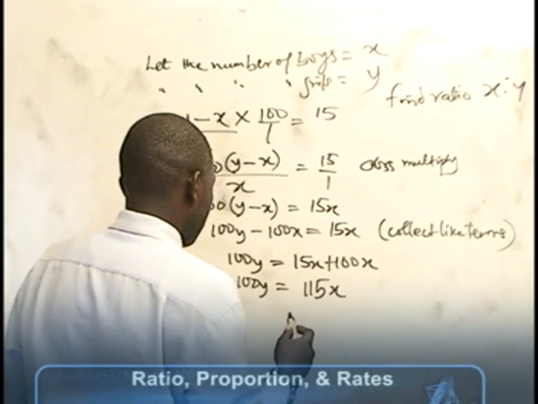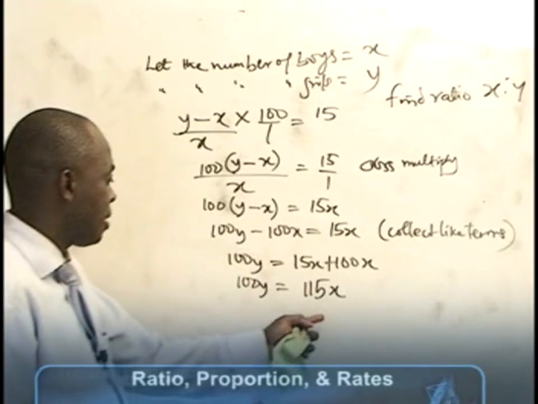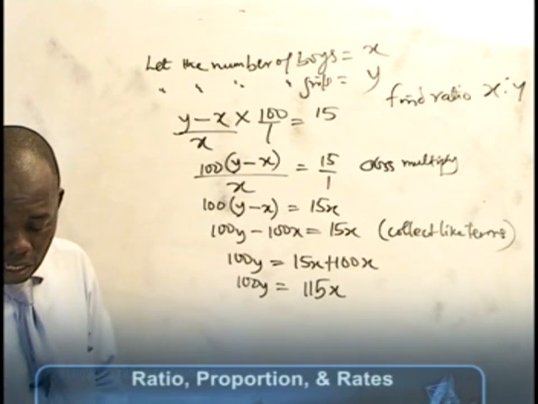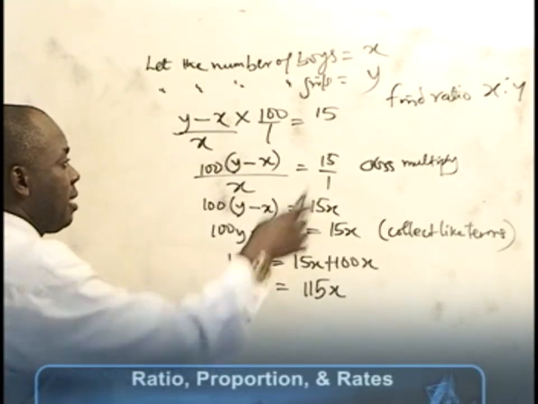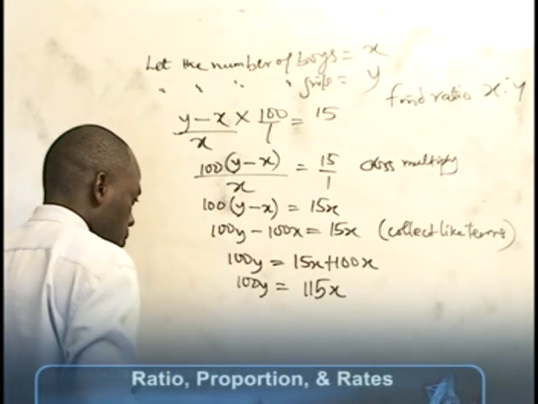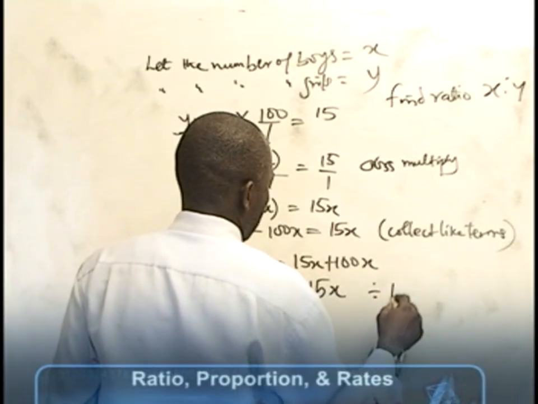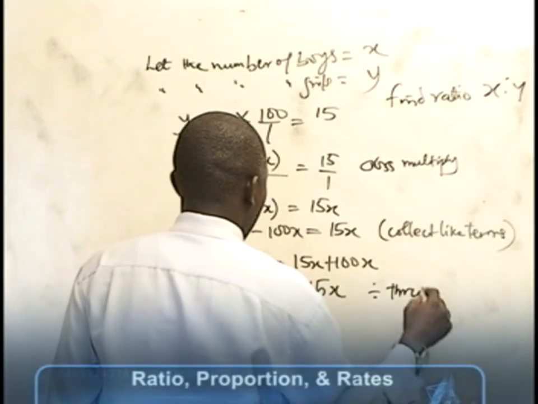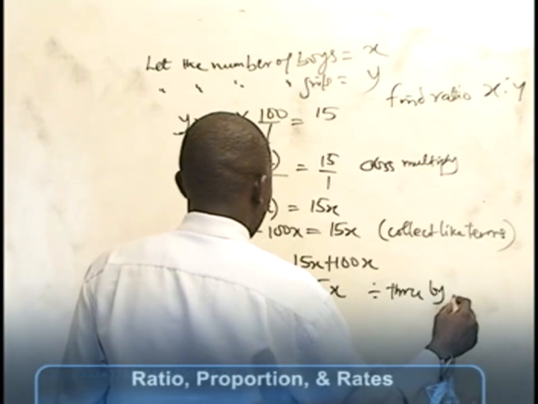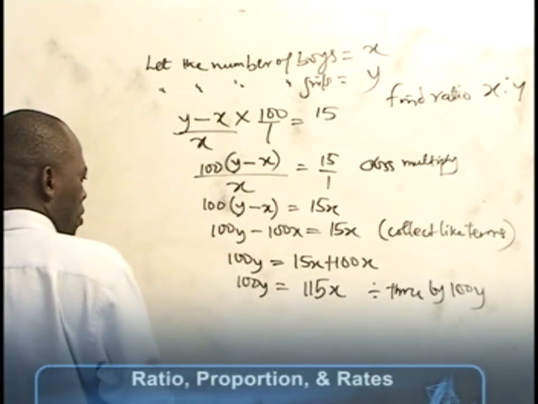What we're trying to do is ensure that X over Y is on one side and the other numbers are on the other side. You will be able to achieve that ratio X over Y. First, divide through by 100Y.